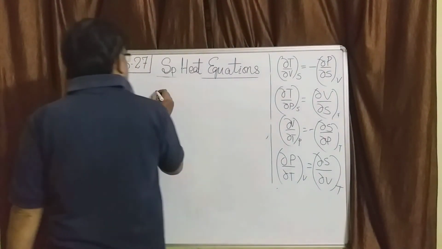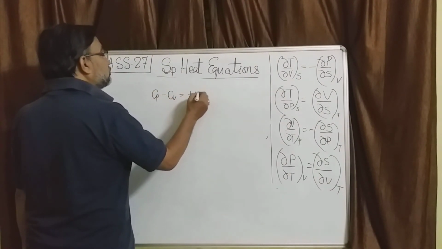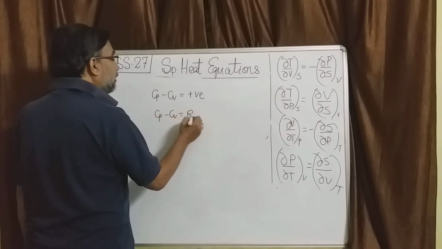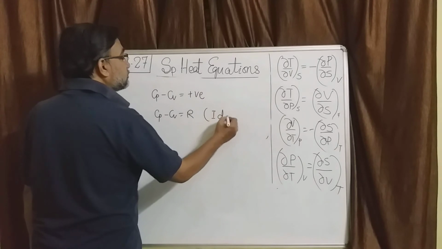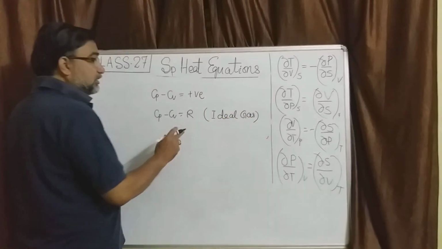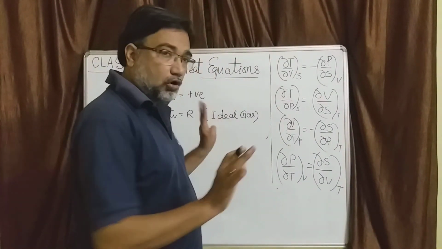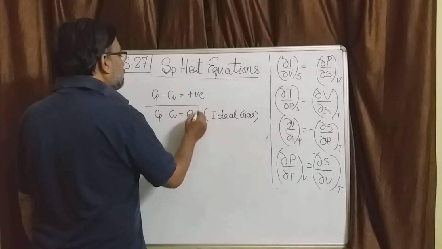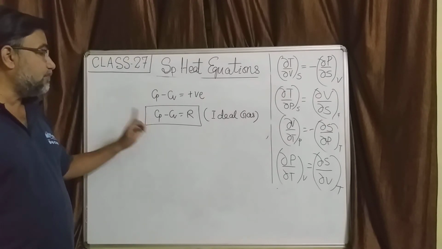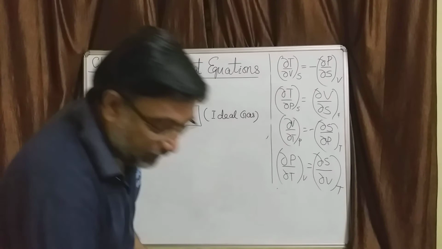So Cp minus Cv is positive, this is true, but Cp minus Cv is equal to R only for an ideal gas. The other expression, with dV by dT whole square, T into dP by dV at constant T, is for all gases. But for an ideal gas, that equation comes out to be Cp minus Cv is equal to R. So this is one important conclusion that you need to understand and follow.